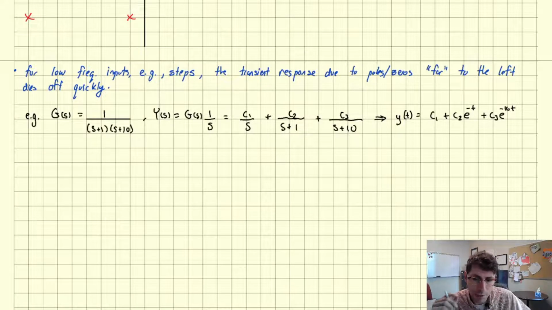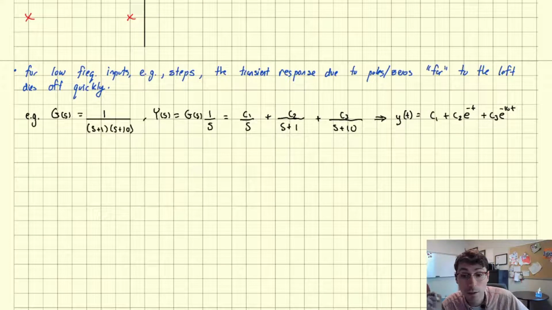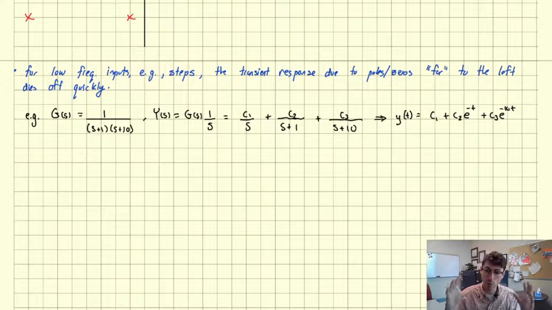Okay, so that's the basic idea. What we'll do then is we'll take these poles and zeros which are far to the left, and we're going to replace them with just their steady state effect, the effect which remains over time, and ignore their effect on the transient. And what's that going to do? It's going to reduce the order of our transfer function. We're going to get a lower order model. And if we're lucky, that lower order model is going to be second order, and we can use all the formulas that we had from before. Okay?